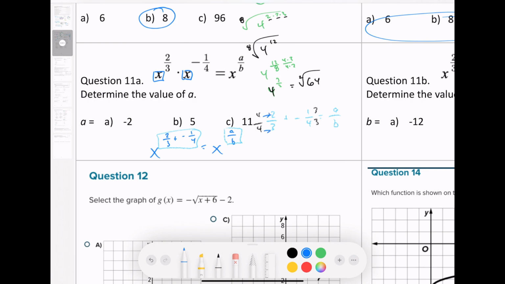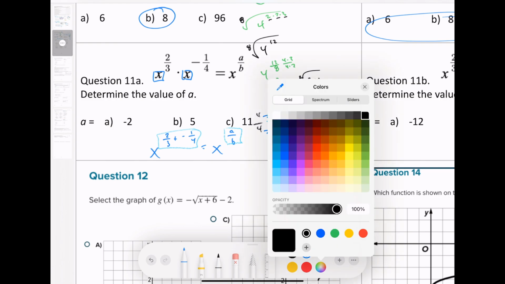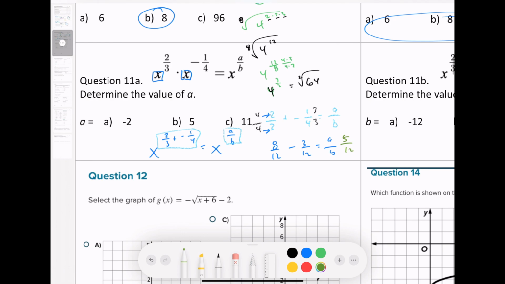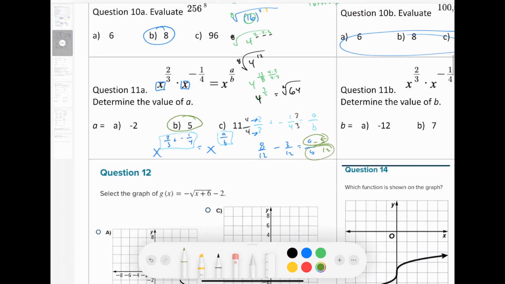So multiply across, you're going to get 8 over 12 is equivalent to 2/3 minus 3 over 12 equals A over B. So that would just be 5 over 12. A is 5 and B is 12.